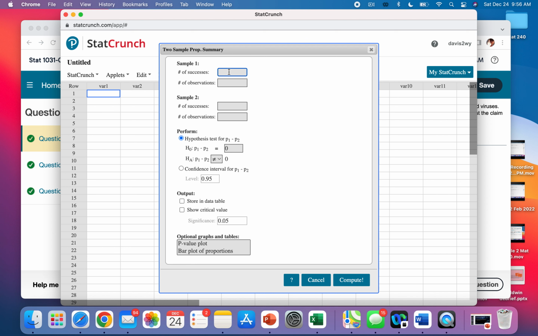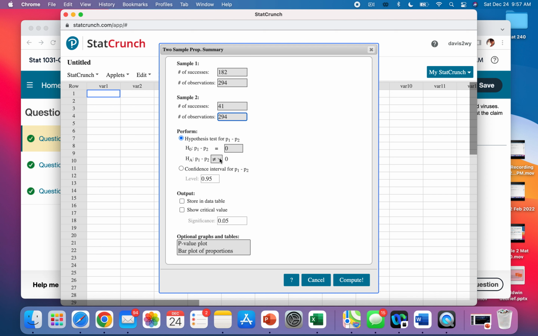So we multiply 0.62 times 294, and round to the nearest whole, with 294 observations. Number of successes for latex: it said 14% of 294, so multiply 0.14 times 294 and you get 41.